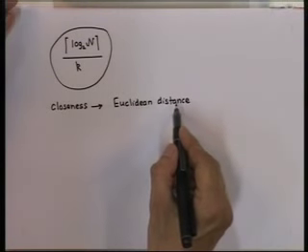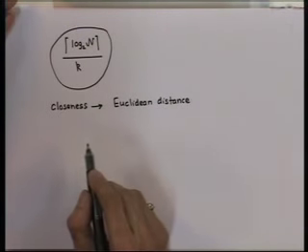So, we will compute the equivalent distance between the input vector and the code vector.